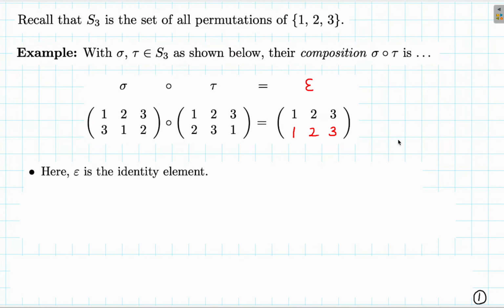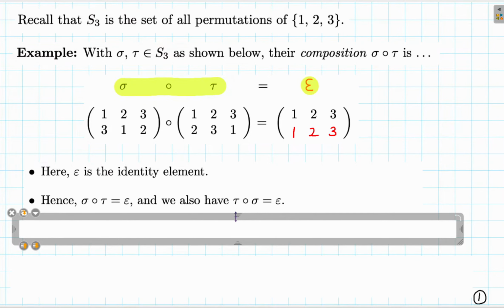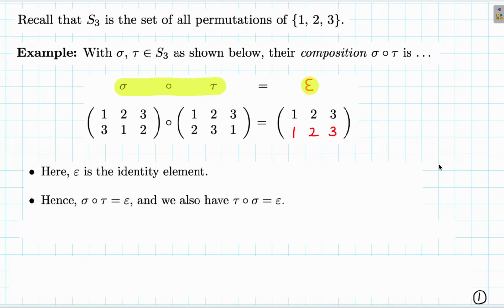So let's do some review here. Epsilon is the identity element, the identity permutation. And we just saw this relationship that sigma composed with tau is equal to epsilon. And I'll leave it up to you to compute that tau composed with sigma, if you just swap those two in the composition, that also equals epsilon.